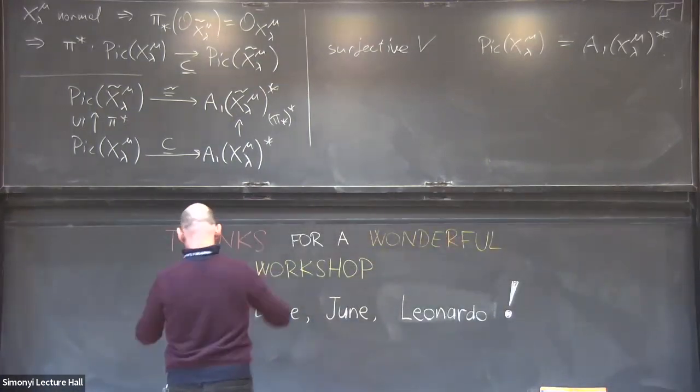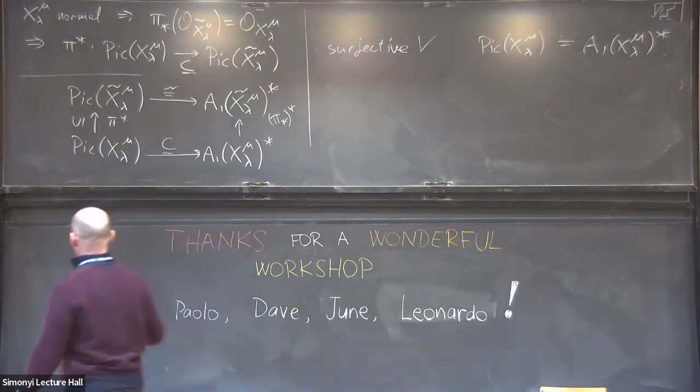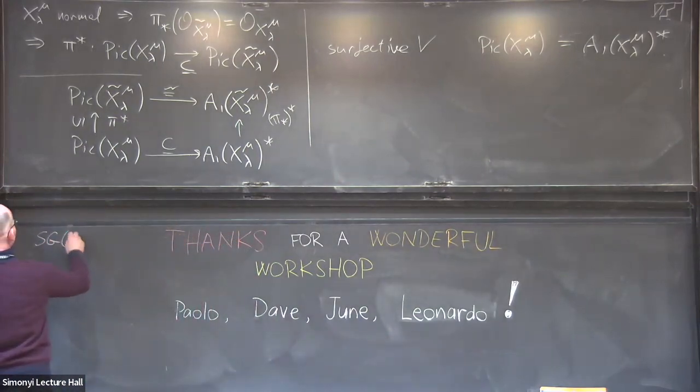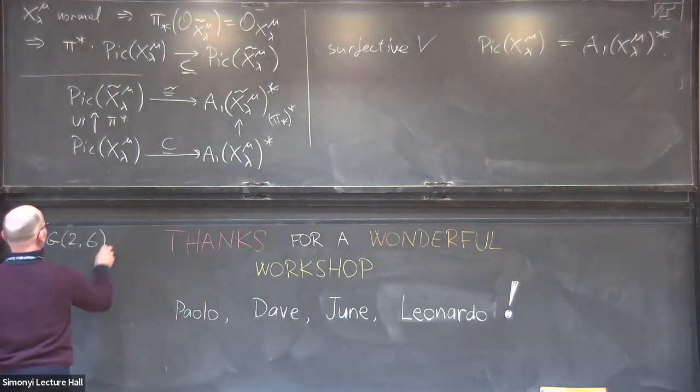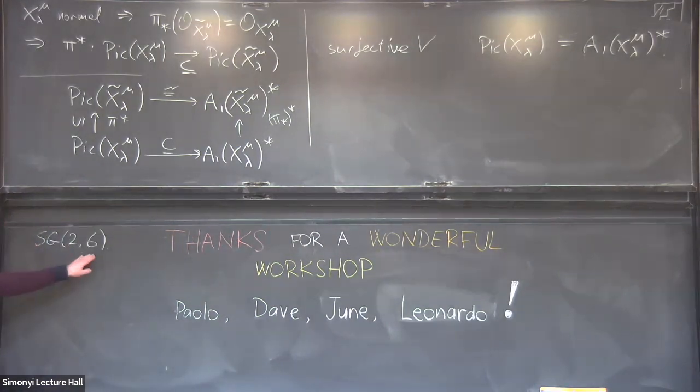If you take the Grassmannian of isotropic two planes in a 6-dimensional vector space with a non-degenerate symplectic form, then there's a 3-dimensional Richardson variety in here.